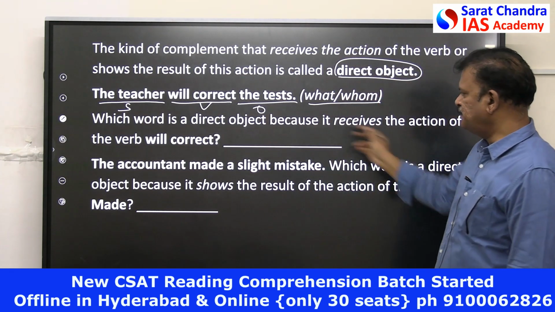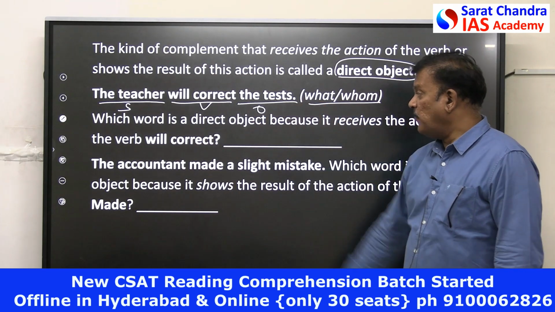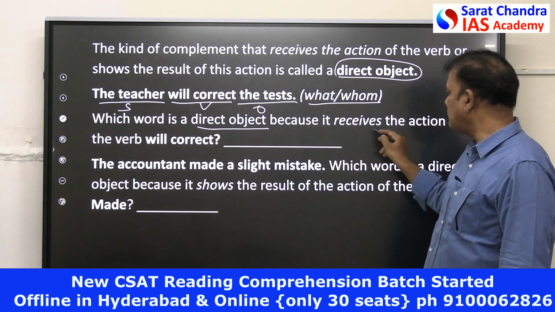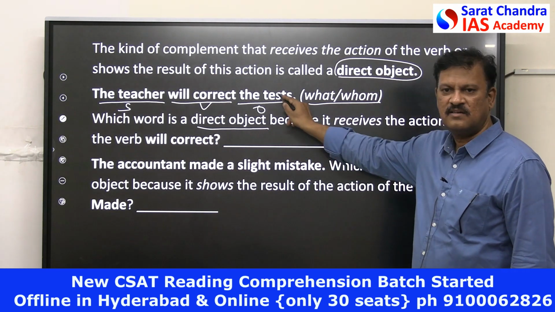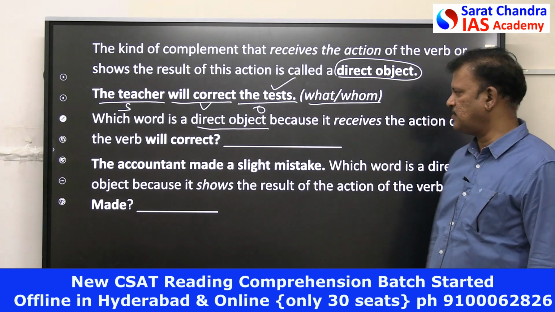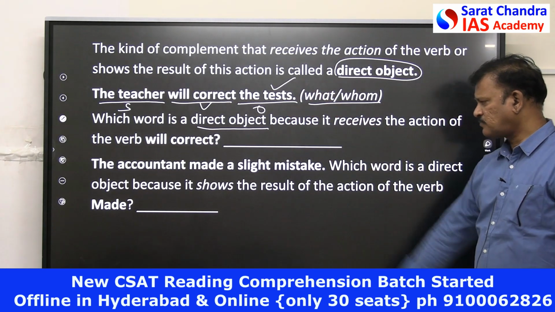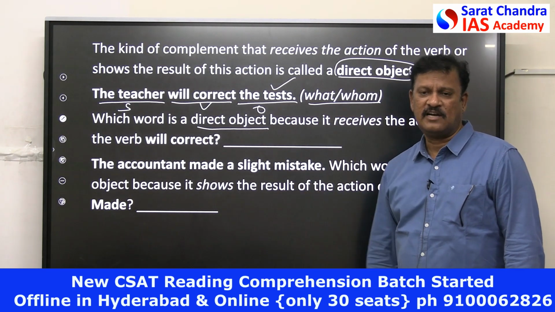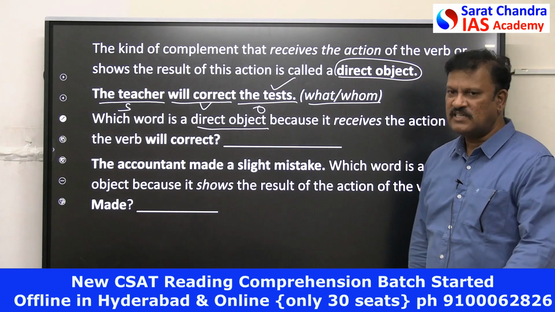Okay. Fine. Now look at this. Which word is a direct object because it receives the action of the verb will correct? You have to tell me, sir, this is the direct object. Fine. Now you have to tell me which one here is a direct object. For that you start with the verb.